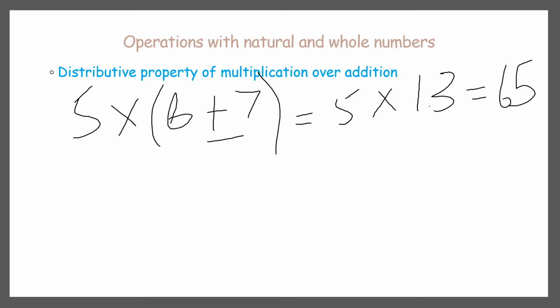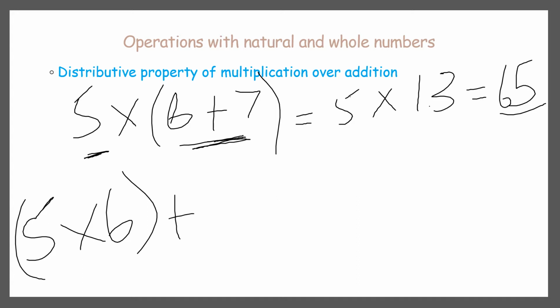So here what we did is the product of a whole number and the sum of two whole numbers. If we have grouped them in this form, we get 65. Now let's change the way in which they are grouped. Now we will multiply 5 with 6 plus 5 with 7.